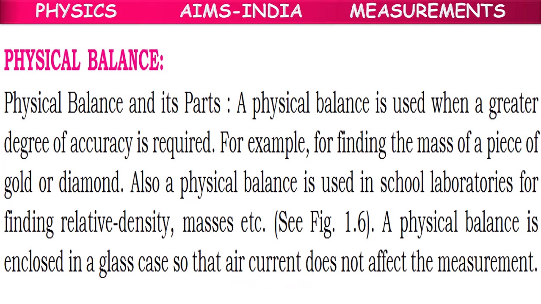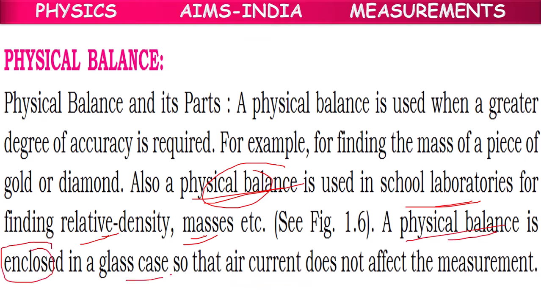The physical balance is used in school laboratories also for finding relative density or mass. The physical balance is enclosed, meaning closed in a glass case, so that air current, the flow of air, does not affect the measurement, because the physical balance is very sensitive.